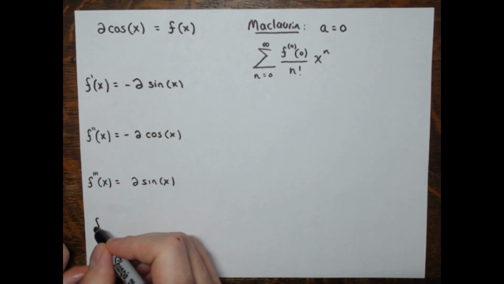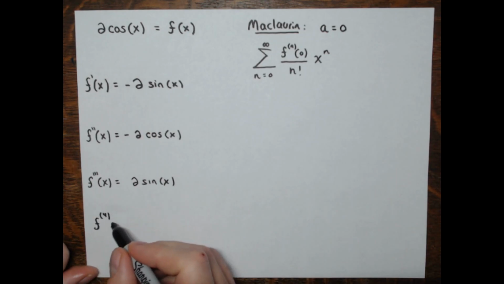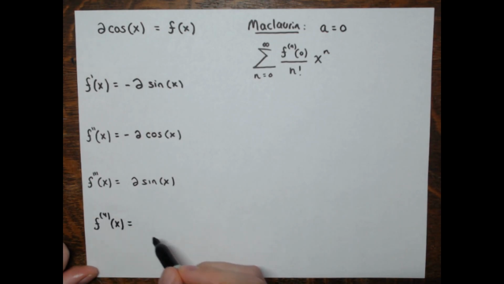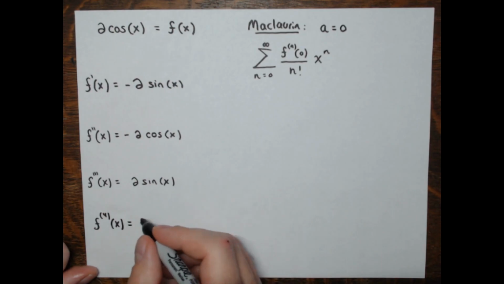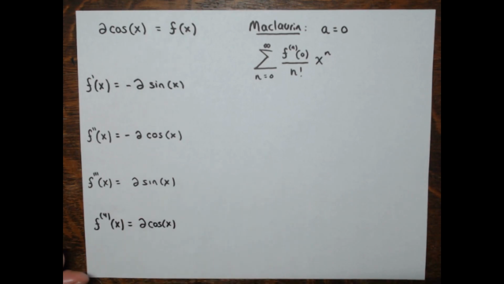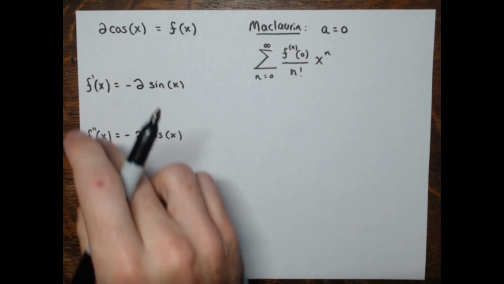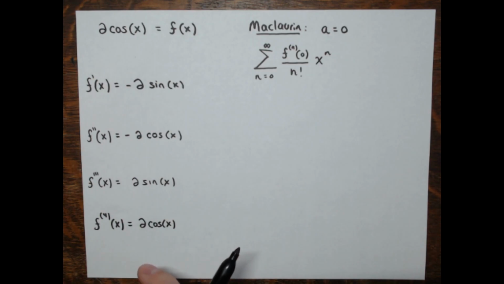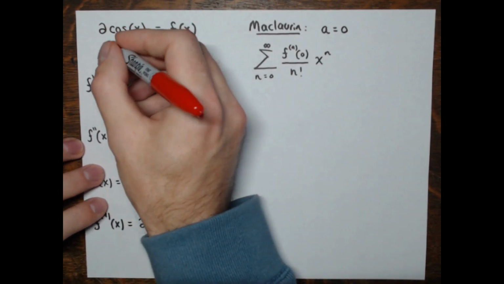The fourth derivative, I'll put a little 4 in parentheses, is back to being 2 cosine. I don't need to go further, because the fifth derivative will be the same as the first, the sixth the same as the second, and the seventh the same as the third. So I'll just keep these up and remember that they repeat.